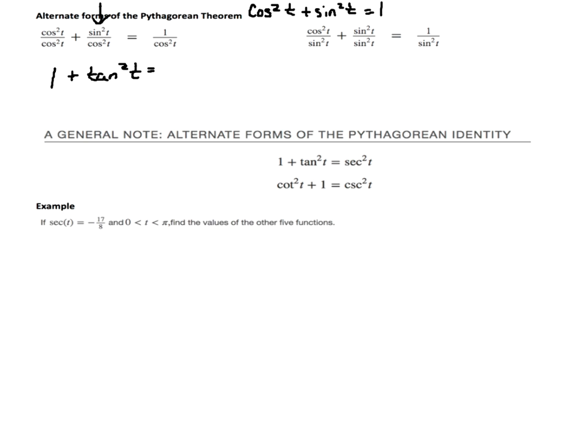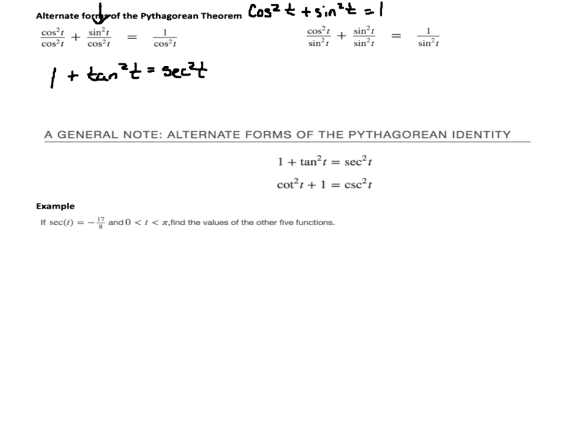And 1 over the cosine, that's the reciprocal of the cosine function, which is the secant. So I get secant squared t. So this is just giving me that same Pythagorean identity in a different form to incorporate tangent and secant.